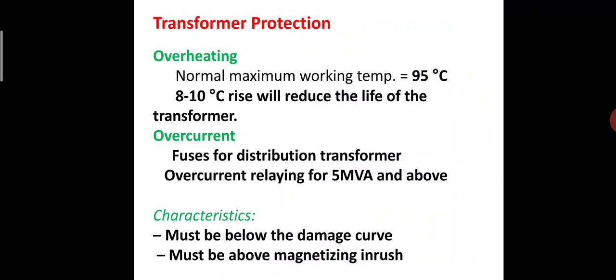Transformer protection. Oil temperature indicator thermometer. An oil thermometer, which is common with all oil-filled transformers, can be considered a particularly effective protective device when equipped with alarm contacts connected to give remote warning of abnormally high oil temperature.